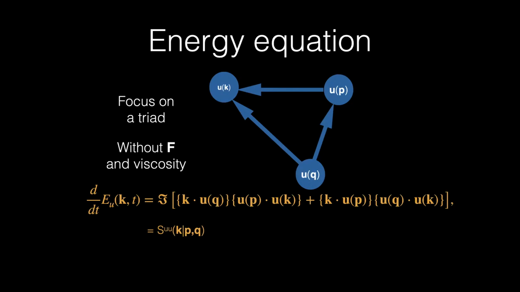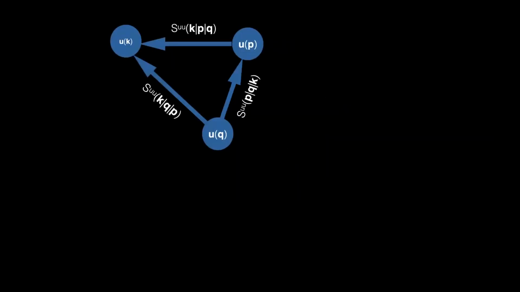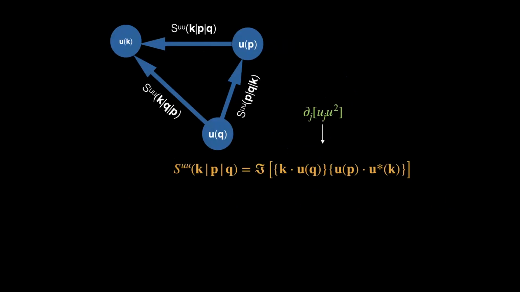But it turns out that for our derivation of energy flux or energy transfer, we can do even better. The formula is called S(k|p,q), the mode-to-mode transfer. This is an important formula, which unfortunately not many people have seen. We can derive for hydrodynamic turbulence how much energy goes from U(p) to U(k).